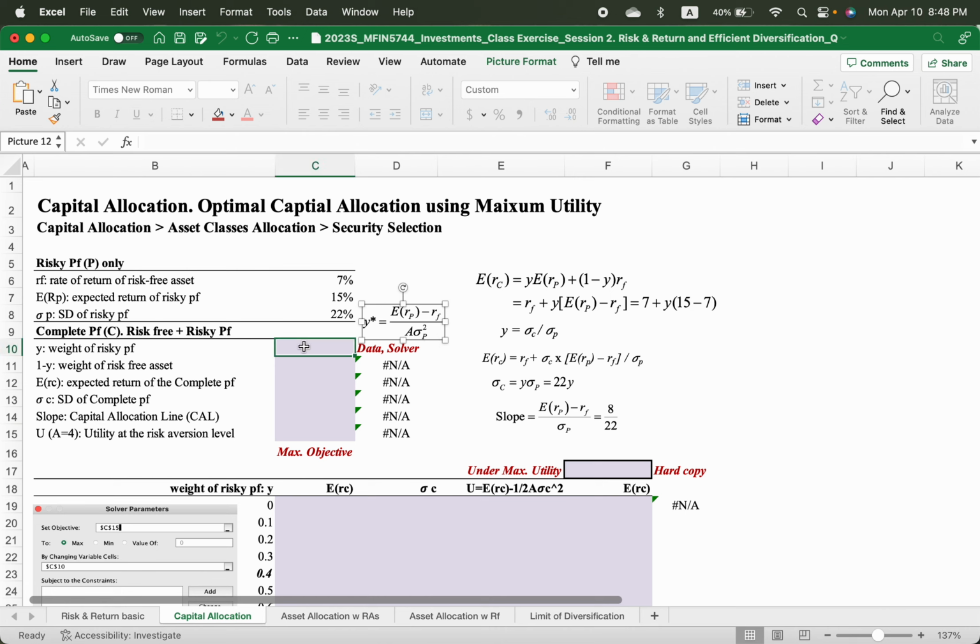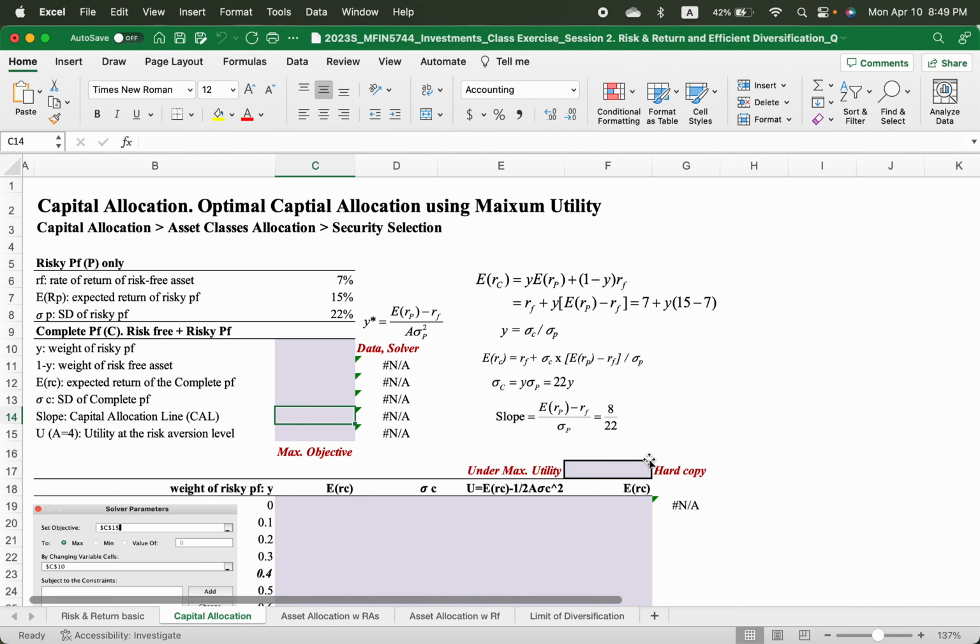By calculating this weight of the risky portfolio, then 1 minus weight is the weight of the risk-free asset. And we can calculate the expected return of the complete portfolio based on the weights of these risk-free and risky assets. And then we can also get the standard deviation of the complete portfolio.